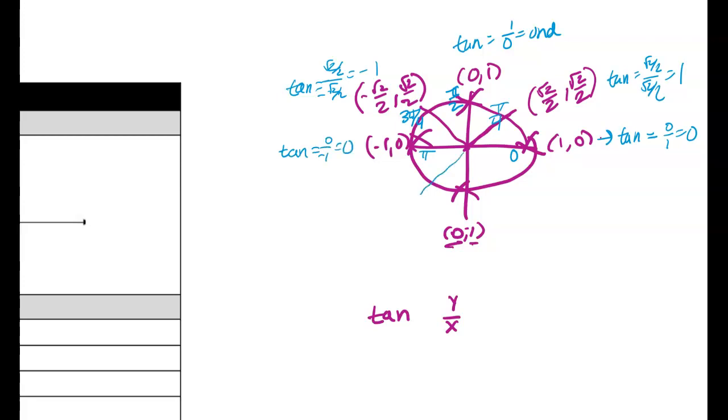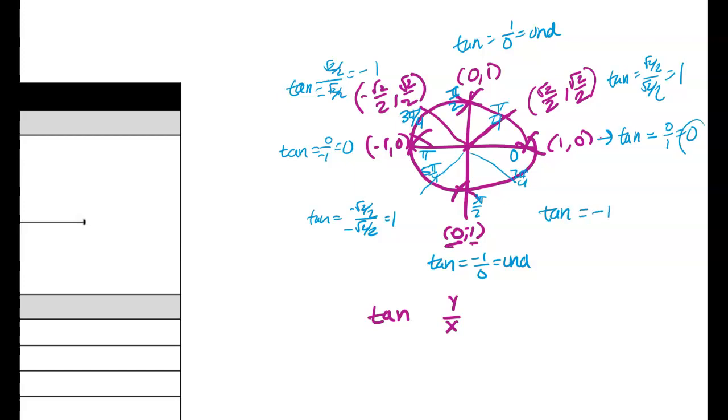If we kept going, at 5 pi over 4, our tangent would be equal to negative rad 2 over 2 divided by negative rad 2 over 2, which would be 1. Our tangent down here at 3 pi over 2 would be negative 1 divided by 0, which is undefined again. Our tangent at 7 pi over 4 would be negative 1, and then we'd be back to 0.